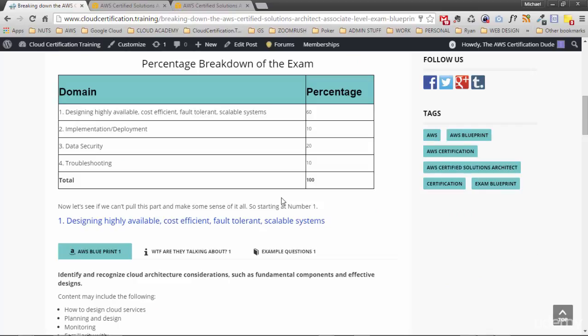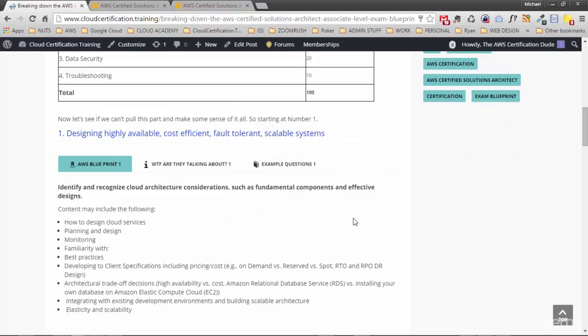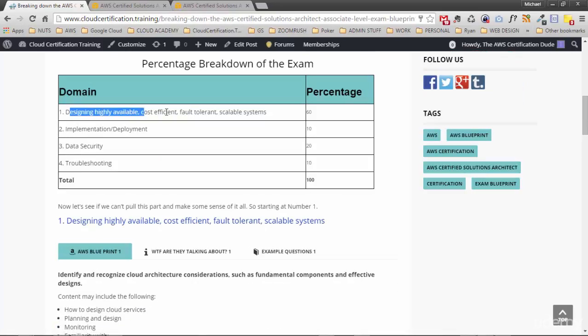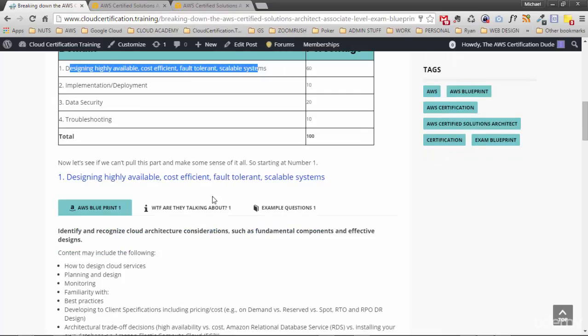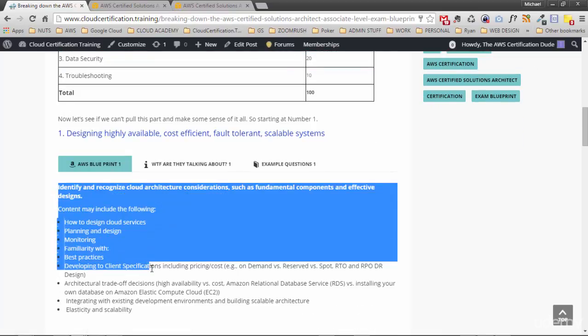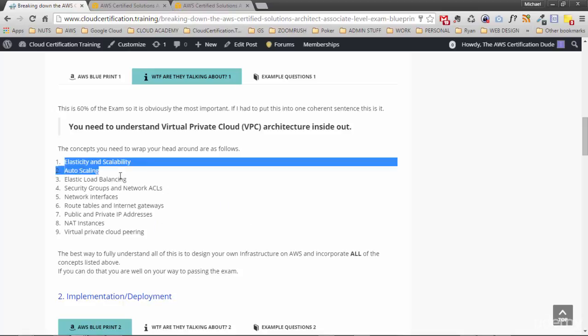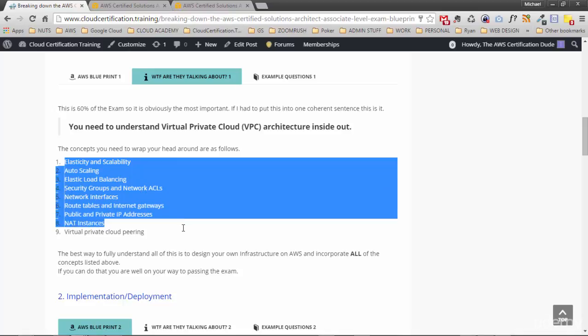So what we've done, we've got the AWS blueprint, and we've cut through all the stuff that's just a little bit hard to follow, and we think we've come up with possibly something a little easier. So each domain we've broken down into what they have said in AWS on their blueprint, and we have come up with what we think the concepts are that they are really trying to tell you that you need to study, and we will be going through each and every one of these in this course.